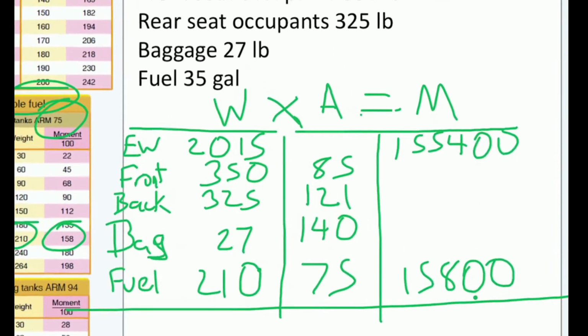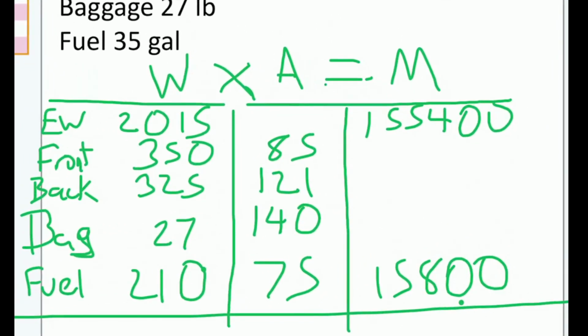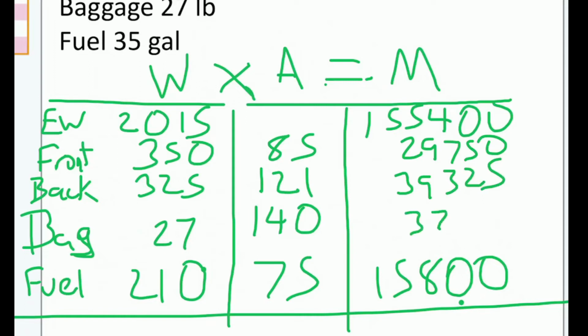Don't try to do this math in your head, because you're gonna mess up. So 350 times 85 is 29,750, and 325 times 121 is 39,325, and then for the bags, 27 times 140 is 3,780.